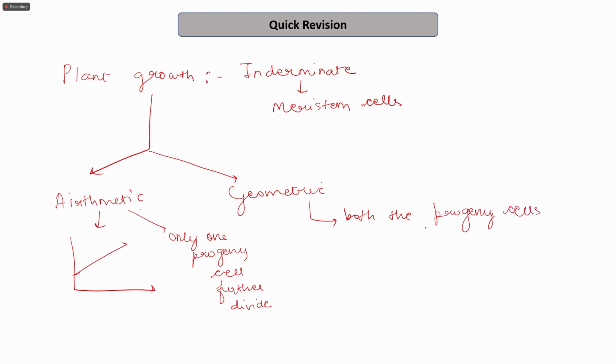In geometric growth, both the progeny cells divide, giving it an S-shaped curve, in which the initial phase is the lag phase, the middle phase is the exponential or the growth phase, and the third phase is the stationary phase.